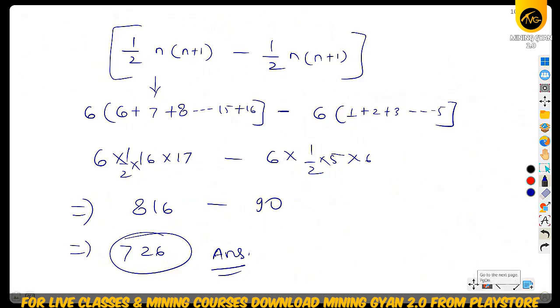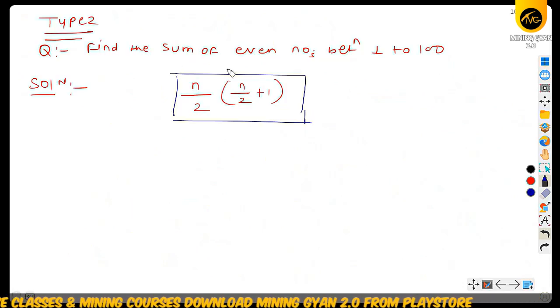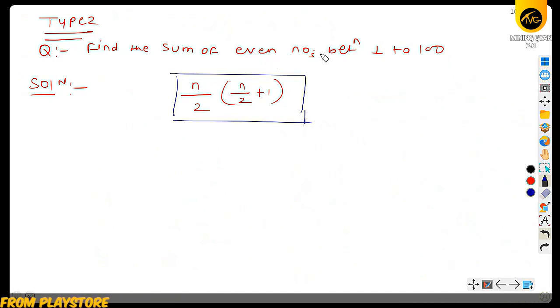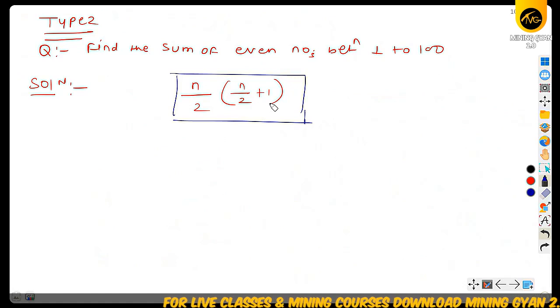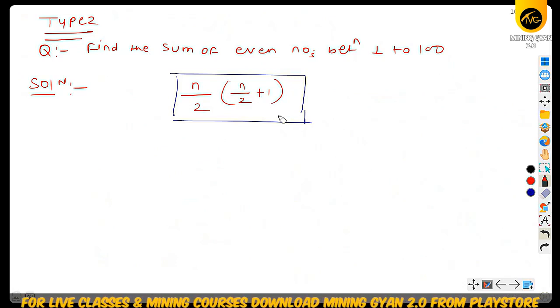Okay, let's move on to the next question. Find the sum of even numbers between 1 to 100. In this type of question, if you find the sum of even numbers, you have to use the formula n divided by 2 into n divided by 2 plus 1. So what is n? n is always the highest number.